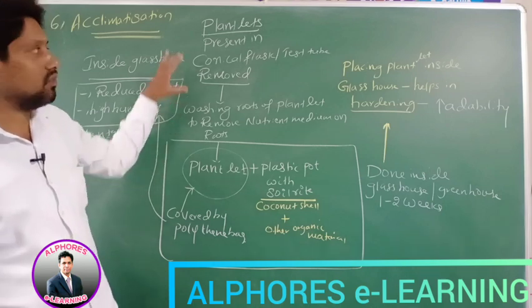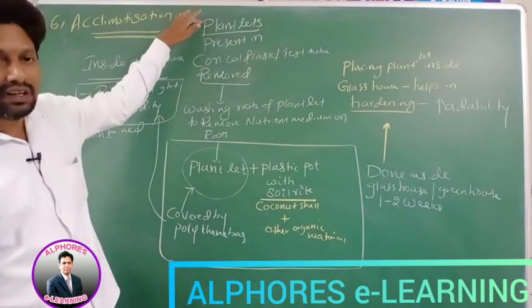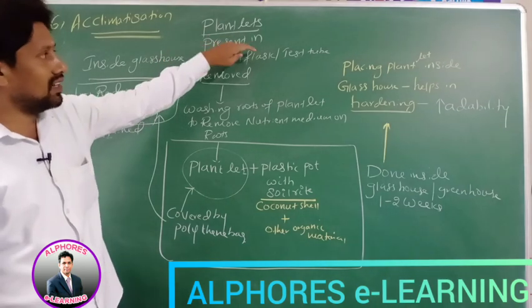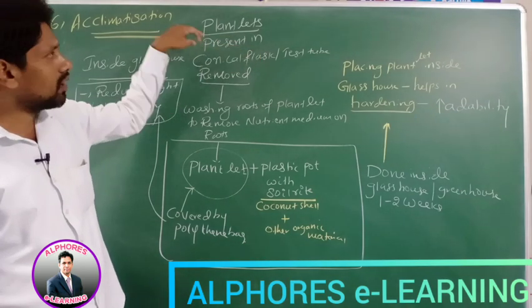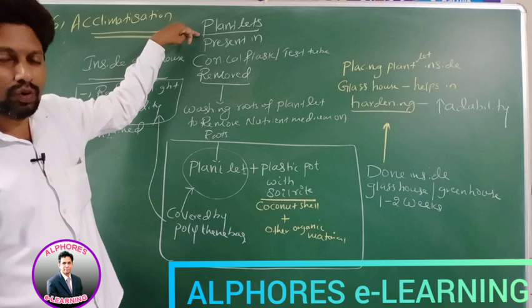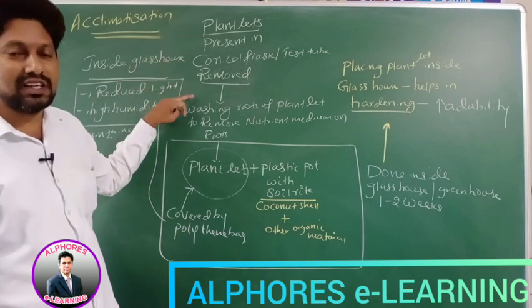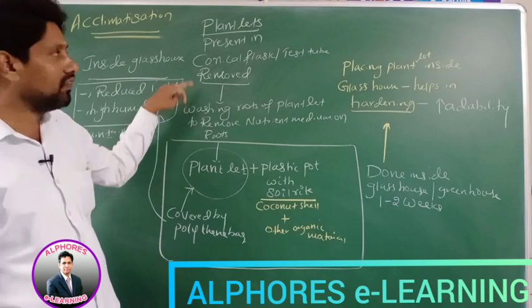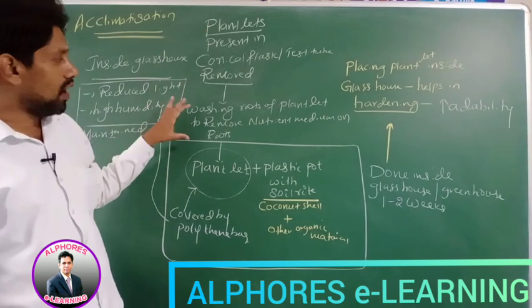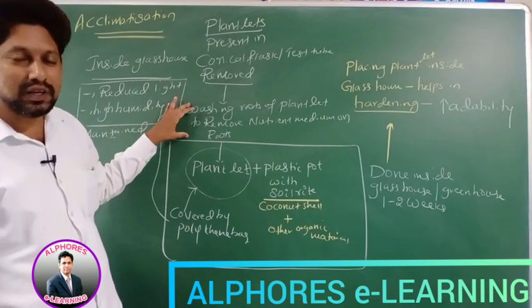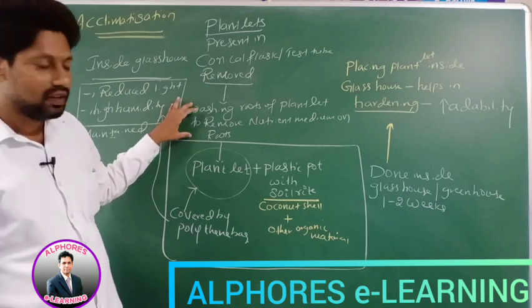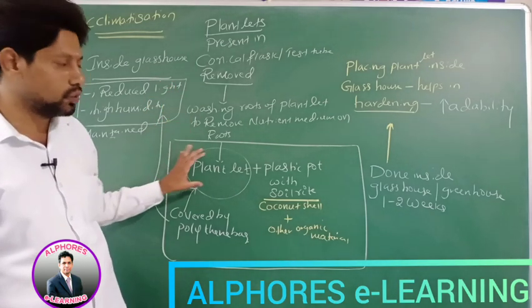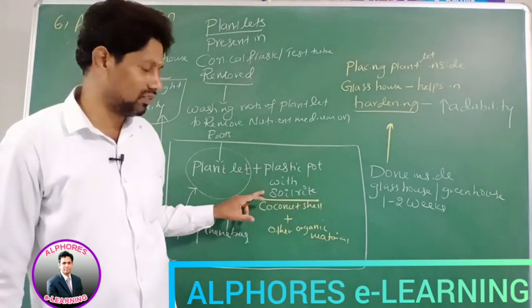In tissue culture, we got plantlets in a conical flask or inside the test tube. We are plucking the plantlets and washing them with water to remove the nutrient medium on their roots. Once these plantlets become free from nutrient medium, we are taking these plantlets into a plastic pot with soil rite.